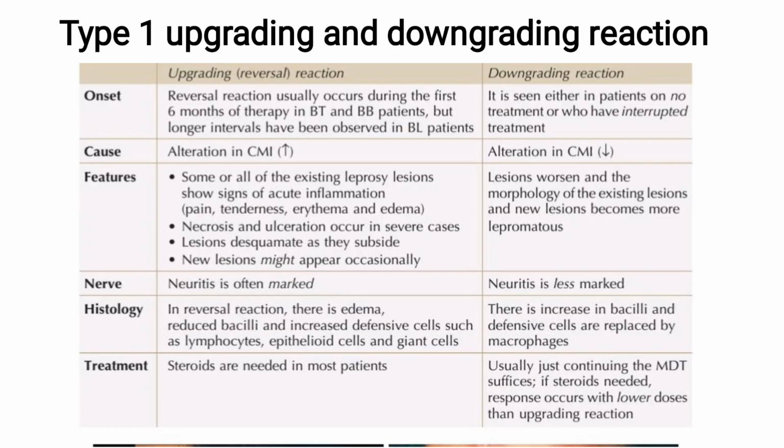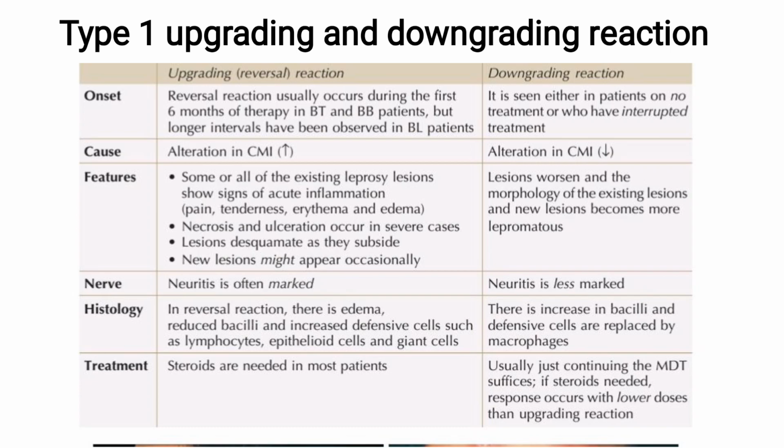Difference between a type 1 upgrading and downgrading reaction. Upgrading reversal reaction: a reversal reaction usually occurs during the first 6 months of therapy in borderline tuberculoid and borderline patients, but longer intervals have been observed in borderline leprosy patients.